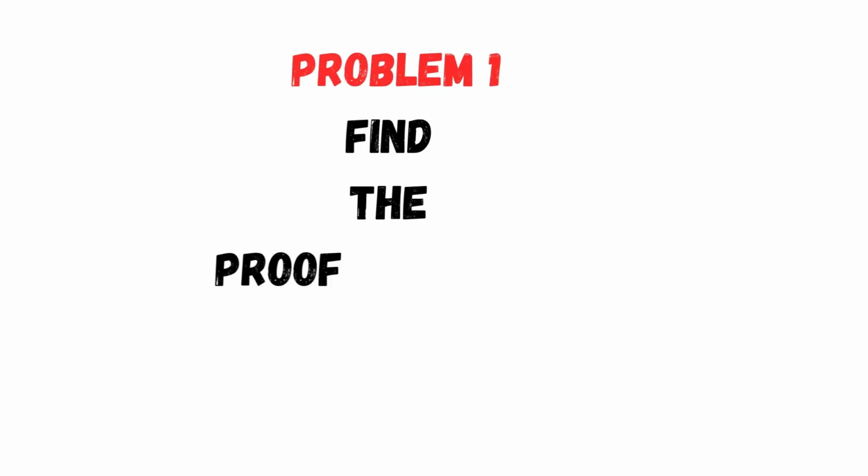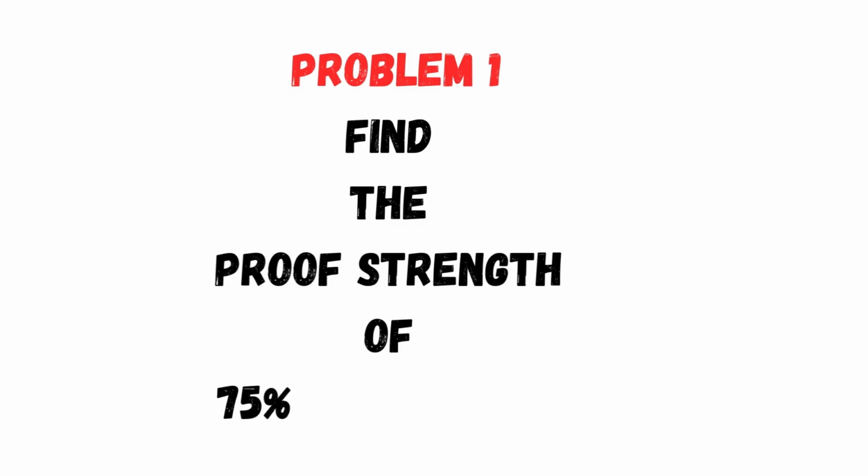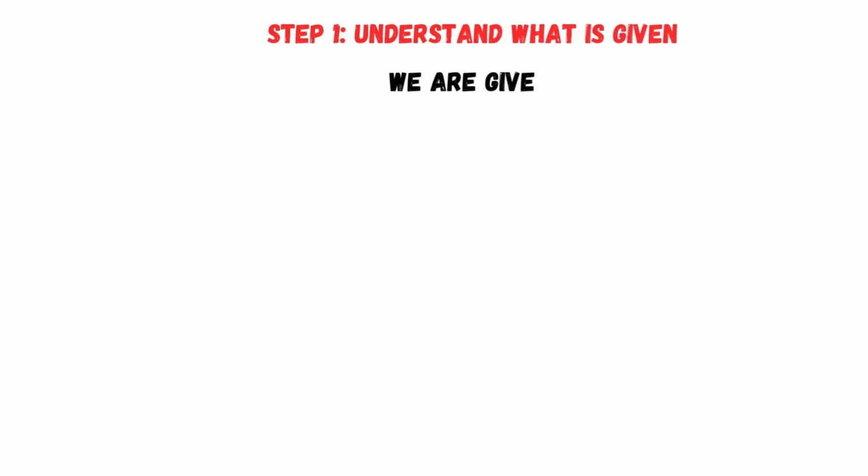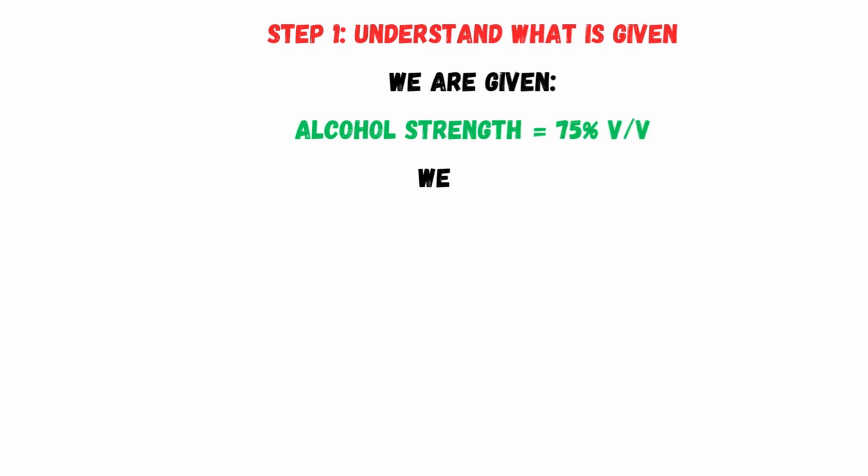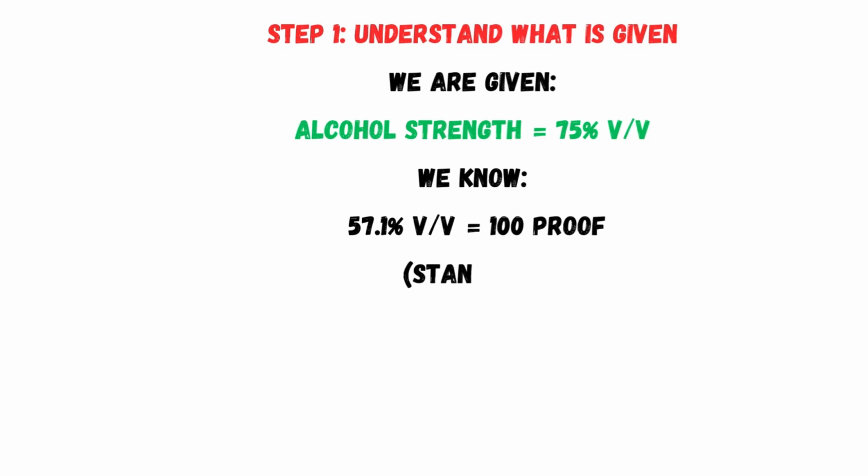Problem number 1. Find the proof strength of 75% volume by volume alcohol. Here we need to find out whether it is underproof or overproof. So step 1 is to understand what is given. We need to understand whether the concentration is overproof or underproof. So first you need to write the alcohol strength they have given, that is 75% volume by volume.